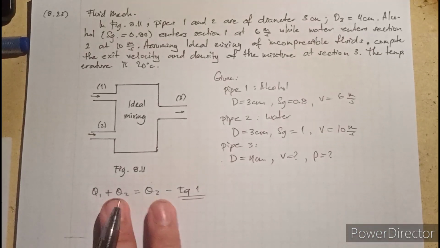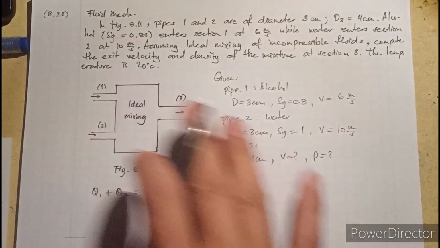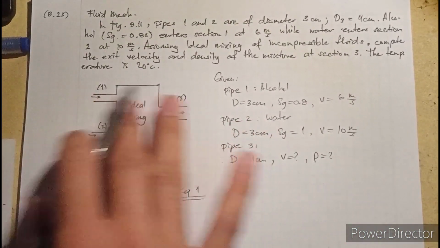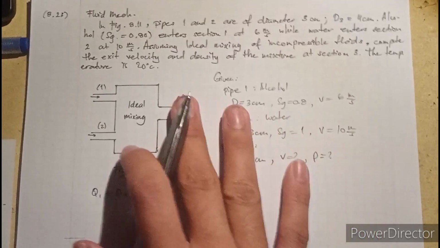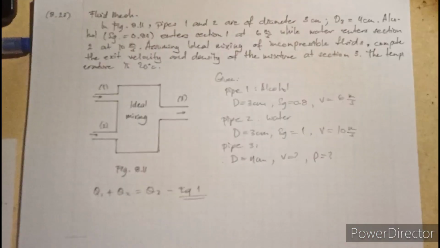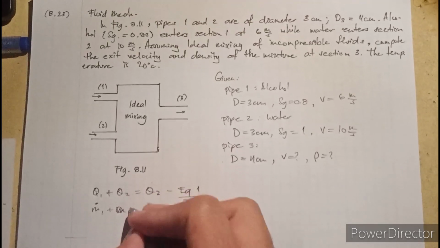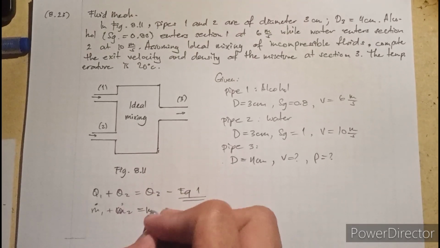Another equation we can form is that mass flow rate 1 plus mass flow rate 2 is equal to mass flow rate 3.